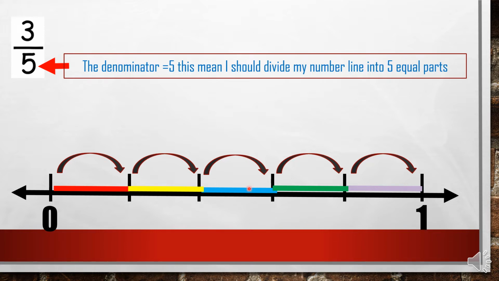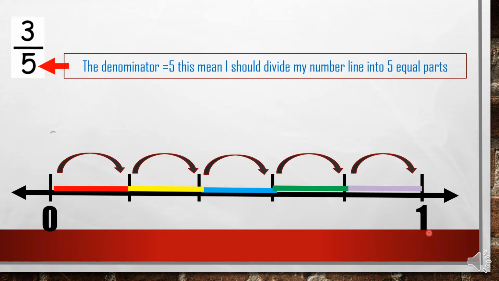Because all the fractions should be more than 0 and at the same time less than 1. So any fraction I have should be between these 2 points. So you should draw your number line, then label the beginning point 0 and also label the last point 1.